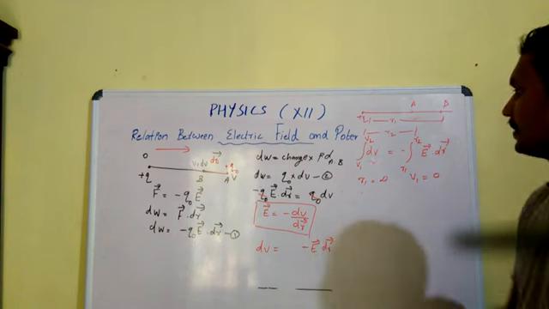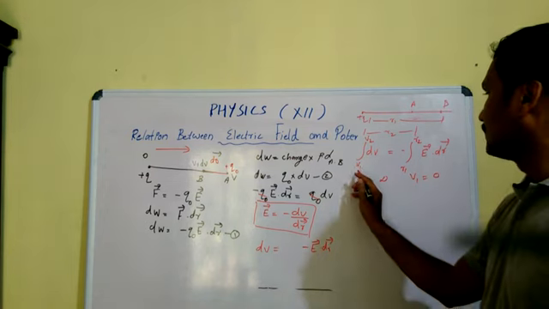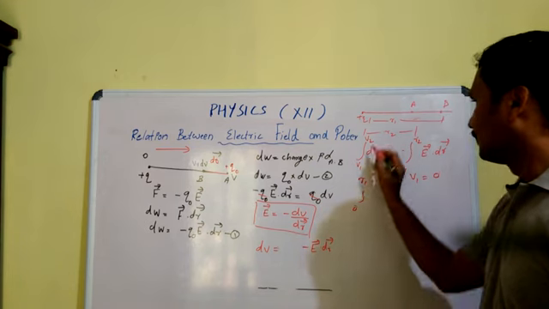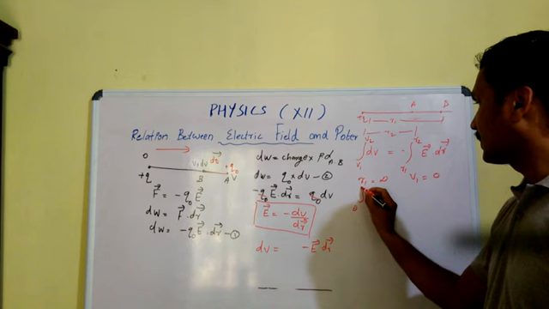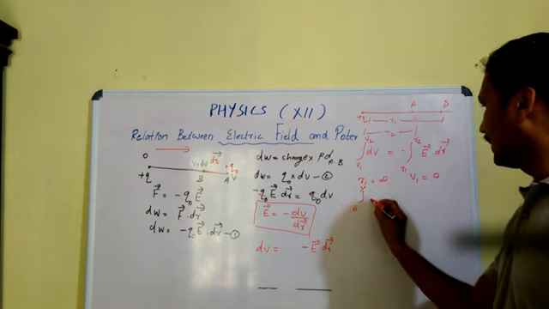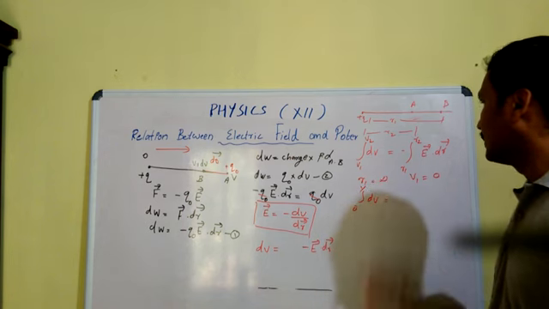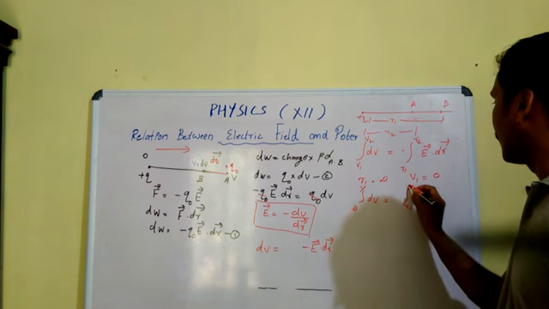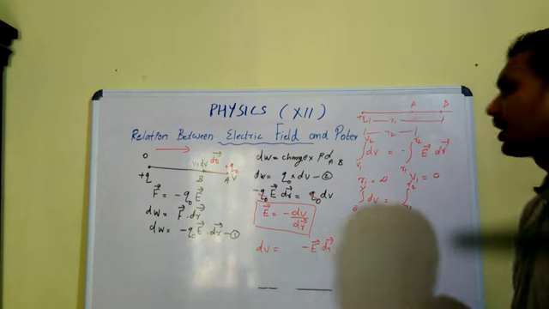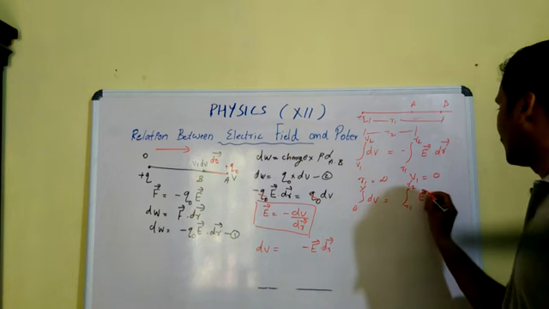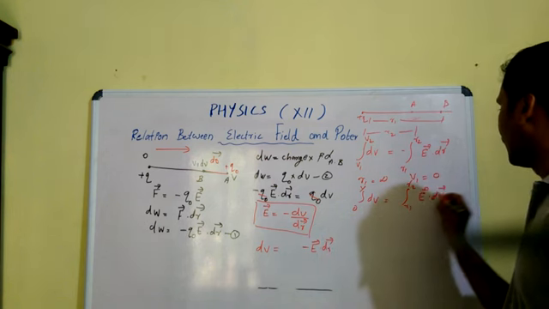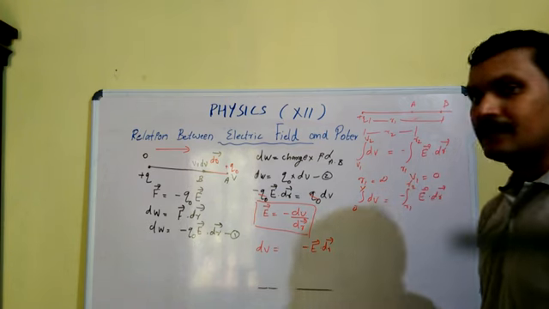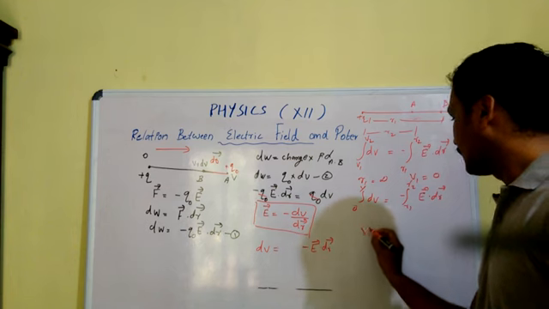Now how will this equation change? As v1 is equal to 0, the limits are 0 to v2. No need to write v2, we can take it as v: integral from 0 to v of dV is equal to minus integral from r1 to r2 of E dot dr. Now the integral of dV is the potential.